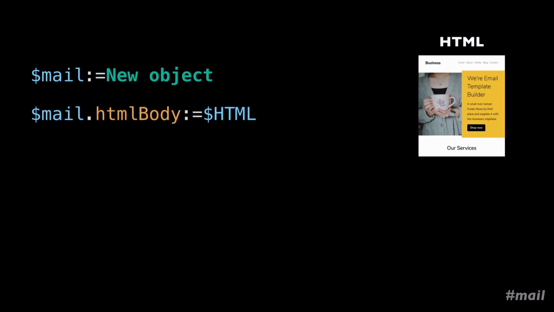So let's recap what just happened there. To send an HTML email, you just create a new object and assign the HTML source to its property HTML body. A mail object can be sent with the send method of an SMTP transporter object.